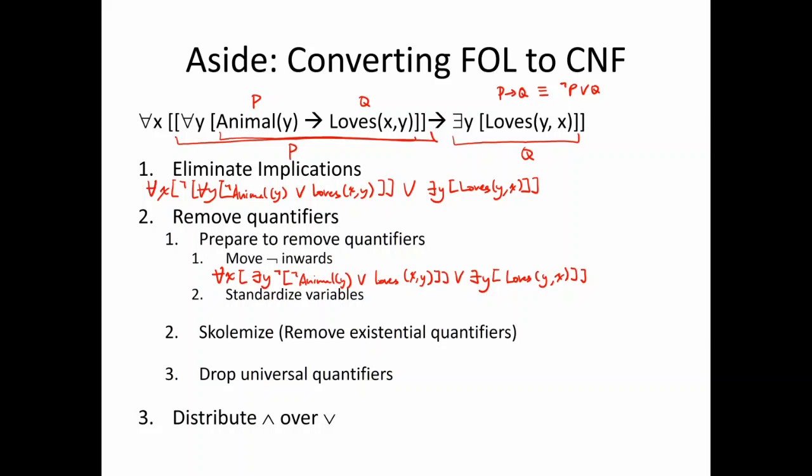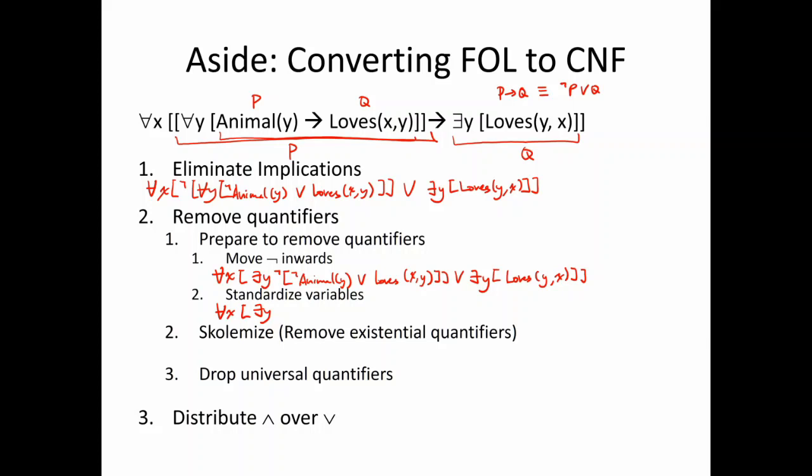And note that we have two Y's in this sentence, but those two Y's are not the same Y's. So let's change the second Y to a different variable, say Z. So we have for all x, there exists a y, and we might as well distribute the negation.